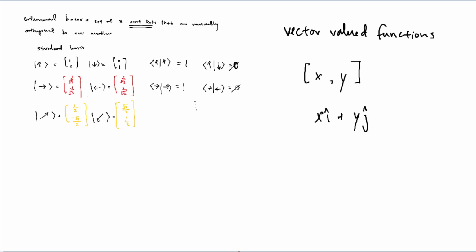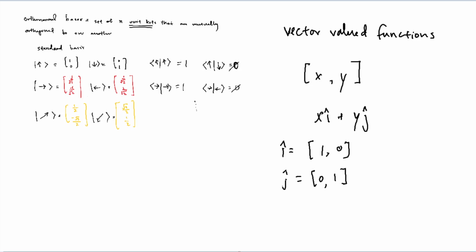And if you don't entirely know, i hat is your standard unit vector of 1, 0, I apologize. And j, your j vector, is 0, 1.